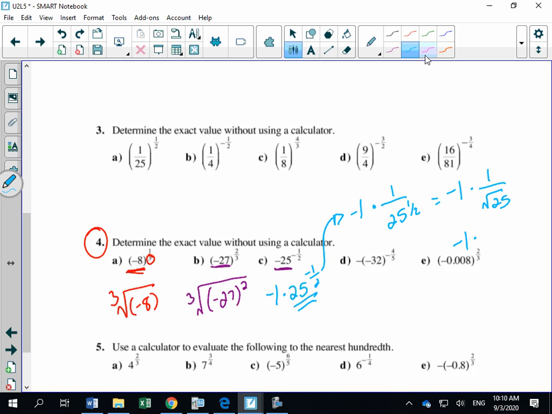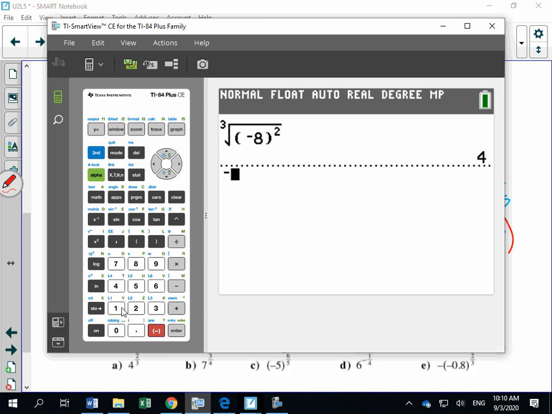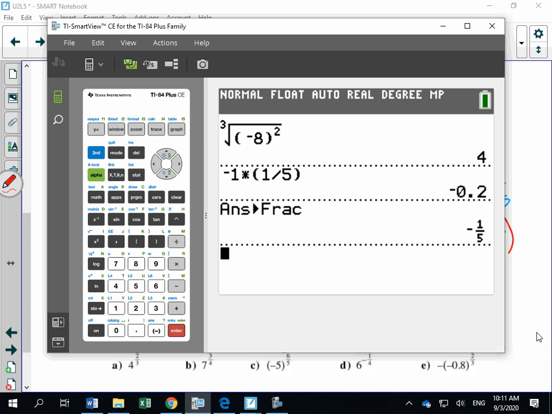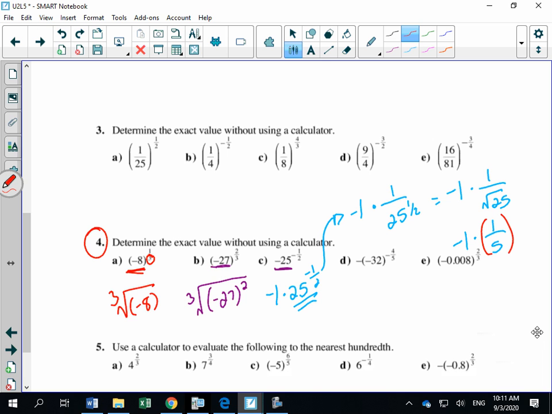That's negative 1 times 1 over 5. And then if you check that on your calculator, you're going to type in negative 1 times, open bracket, 1 divided by 5, and close that bracket. Math 1 fraction, and we get negative 1/5 as our answer.